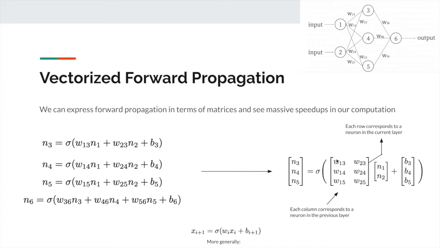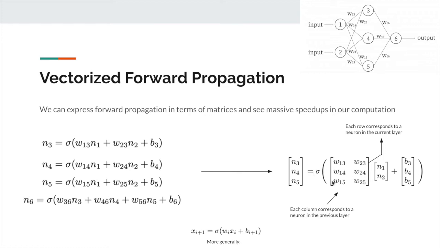For every element in our resulting vector, we just calculate the sigmoid, and then we get our new outputs for this layer, sorry, and then we can perform those same steps again for the following layer.